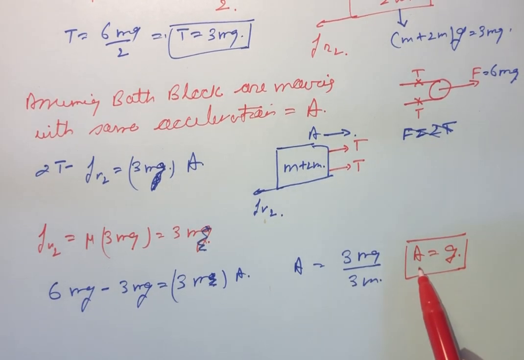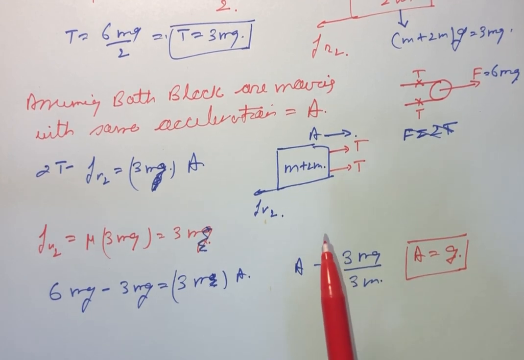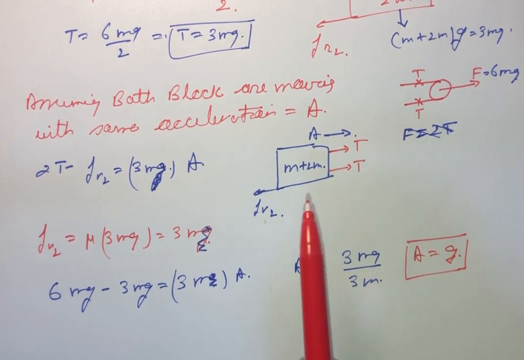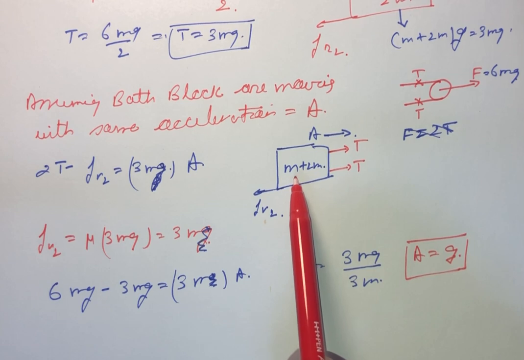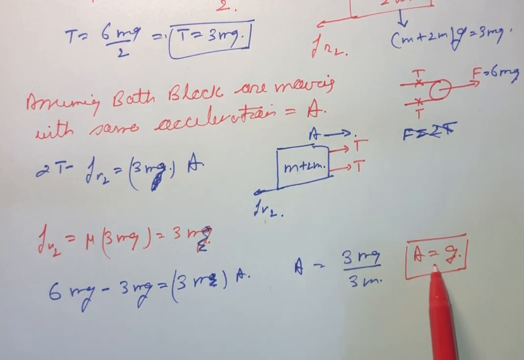So this will be our maximum acceleration with which both blocks can travel. Okay, or we can say block of mass m as well as 2m separately also going to travel with this acceleration.